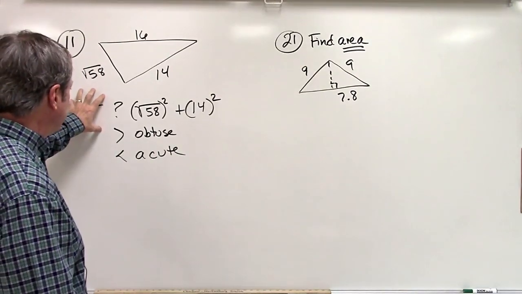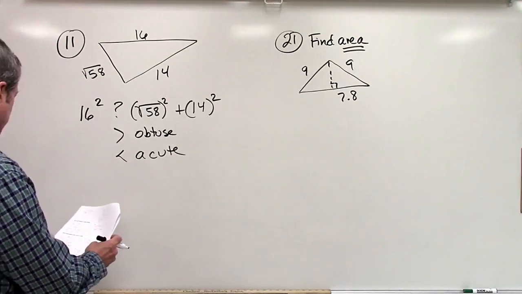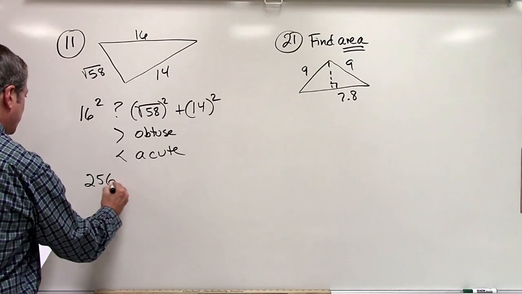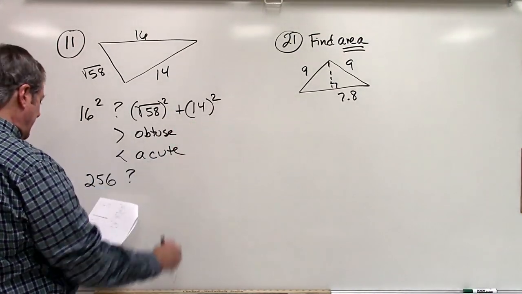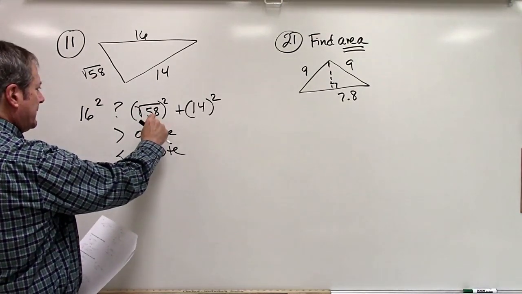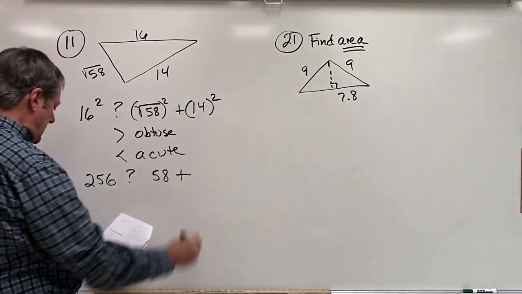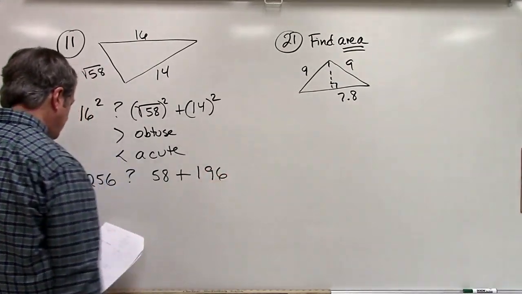So again, always put that on the left. And I've done the calculator work earlier, so 16 squared is the number 256. Now, what is that in relation to the sum of these? Well, the square root of 58 squared is just the number 58. And 14 squared is 196.